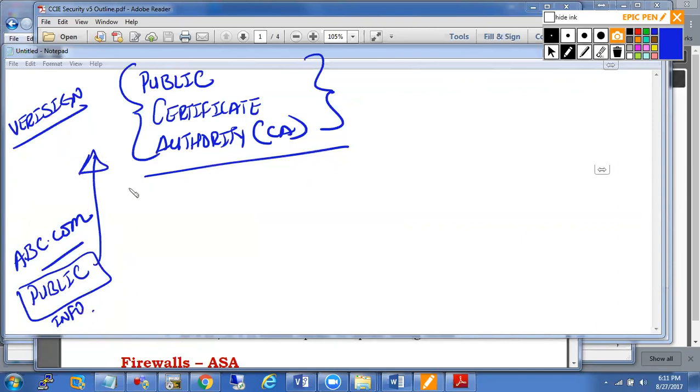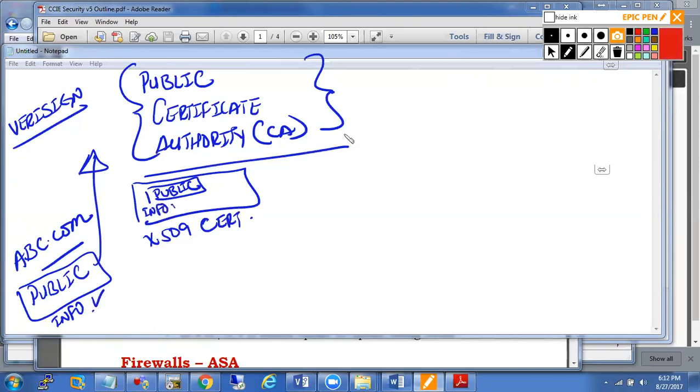Once VeriSign validates it, he takes your public key, the same public key that you gave it, it puts it into a format known as the X.509 certificate format, puts your information on it, the same information that you provided, but then what does it do? It signs it digitally. It puts a digital signature on what?